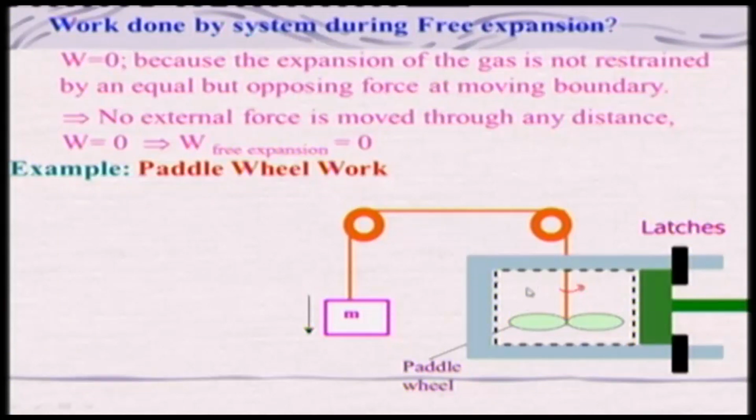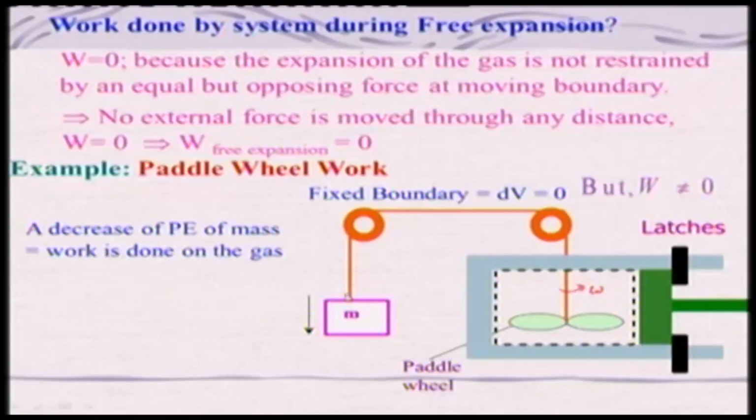However, when it is rotating here with some angular velocity omega, some RPM, there is no change in the fixed boundary. That means there is no PdV work, there is no change in volume, right. That means, can you say that work done will be 0?